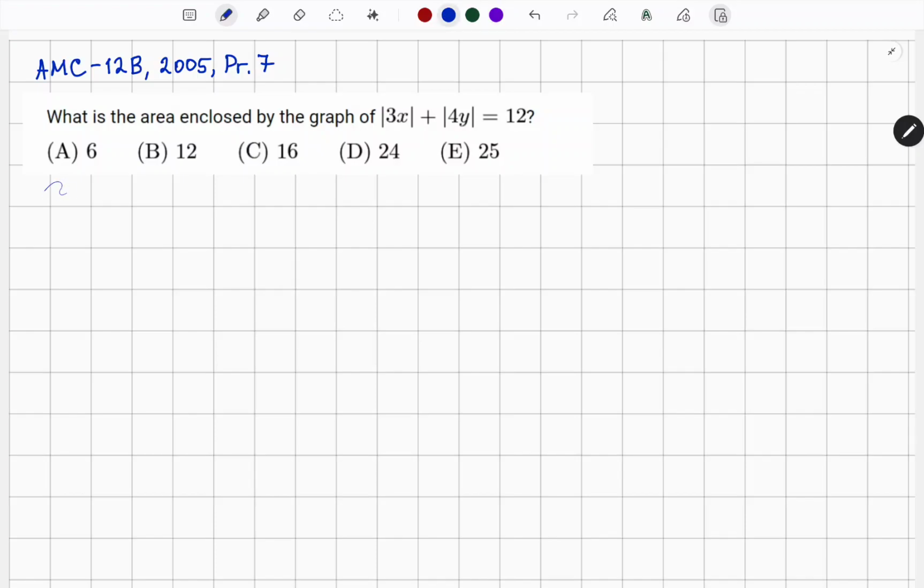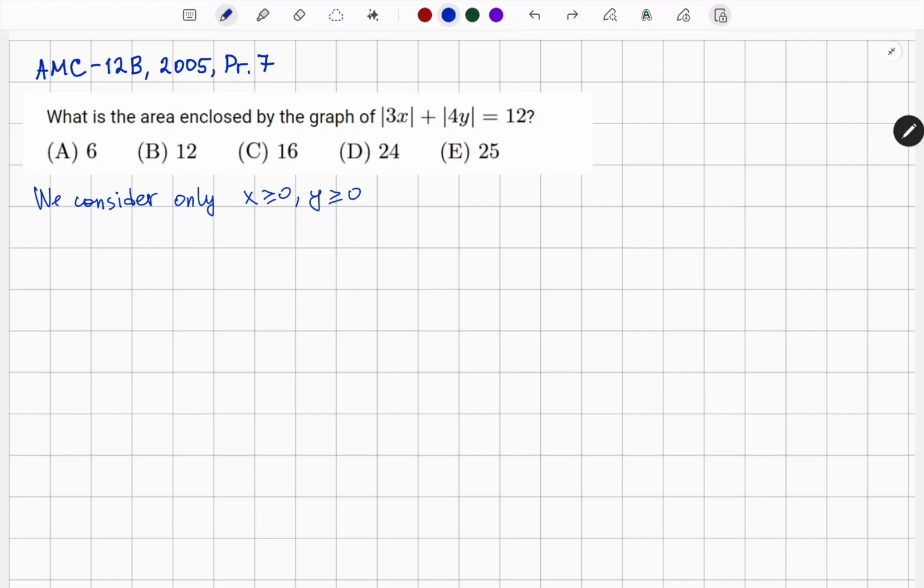Okay, so we consider only the part where x is bigger than or equal to 0 and y is bigger than or equal to 0, because the other parts of this graph are symmetrical to the region that we're going to have for x bigger than or equal to 0, y bigger than or equal to 0.